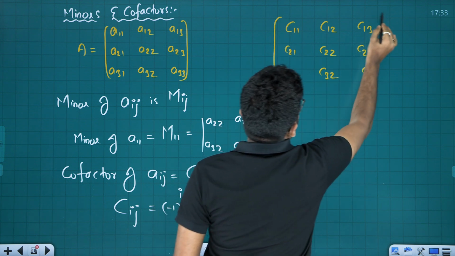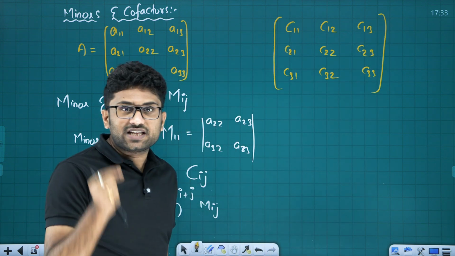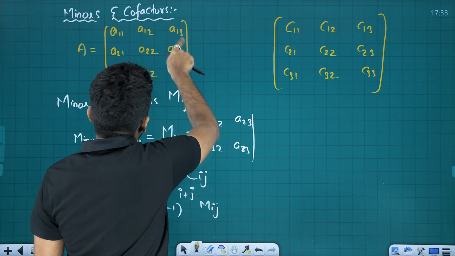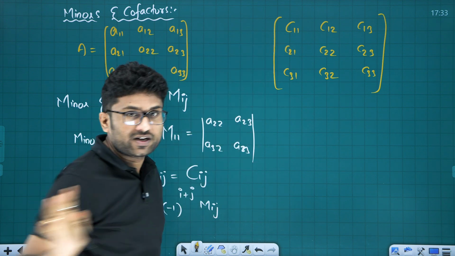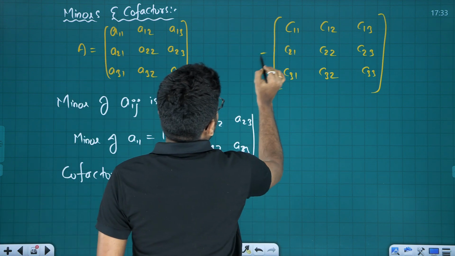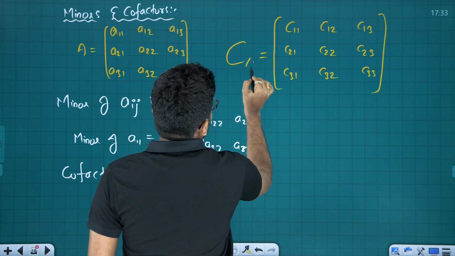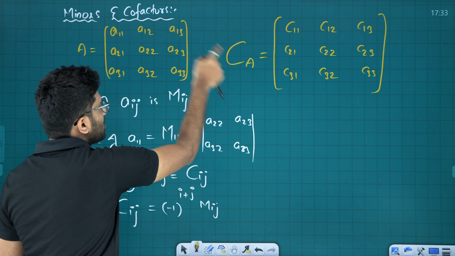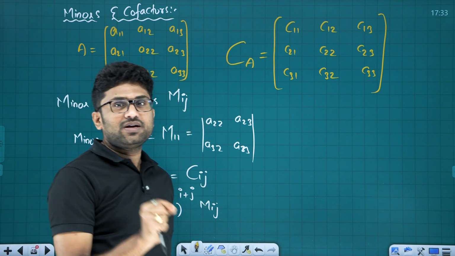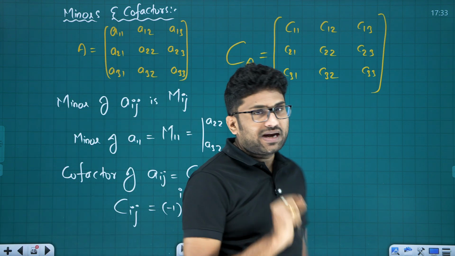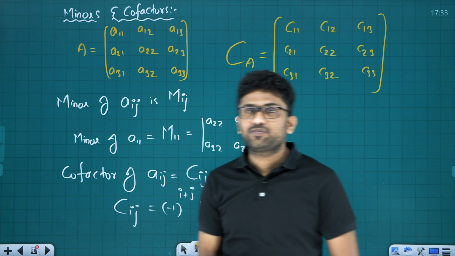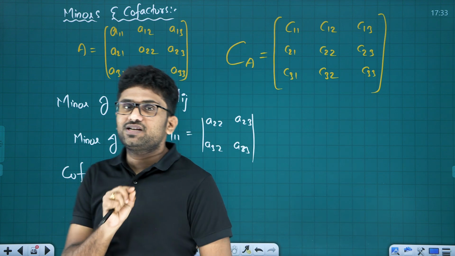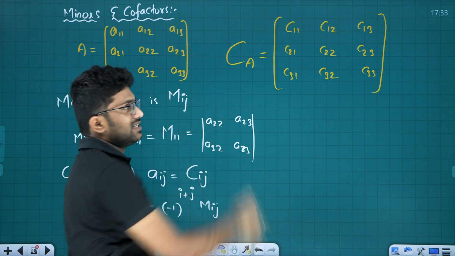This is a matrix obtained by replacing the elements A11, A12 and the rest by their corresponding cofactors. This matrix is called the cofactor matrix of the given matrix. The given matrix is A, no? So the cofactor matrix of A is denoted Ca. Ca means the elements of the matrix A are replaced by their corresponding cofactors. Such a matrix is called the cofactor matrix.